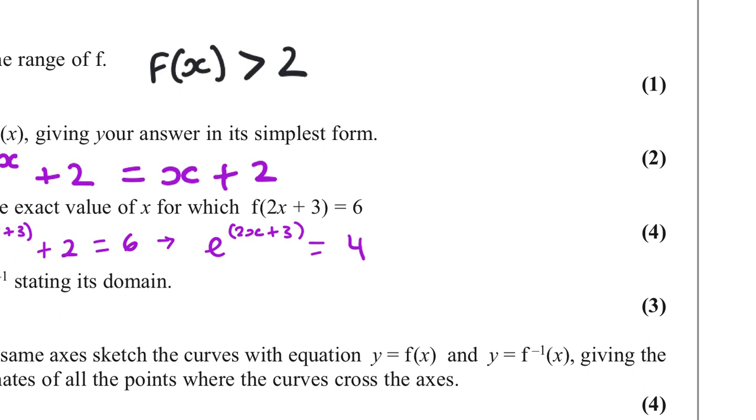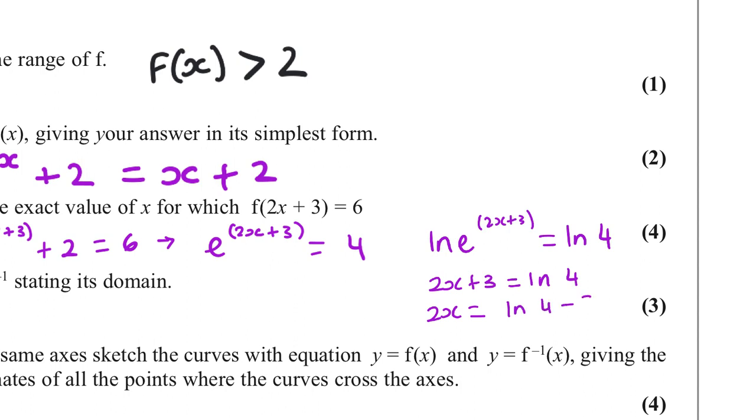So I'm going to have ln of e to the 2x plus 3 equals ln of 4. So 2x plus 3, I'm going to take out the brackets actually, equals ln of 4. So 2x equals ln of 4 minus 3. x equals ln of 4 minus 3, all divided by 2.